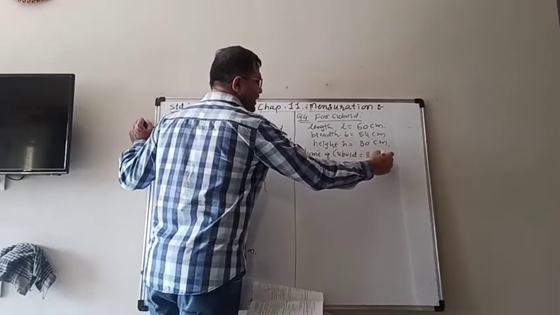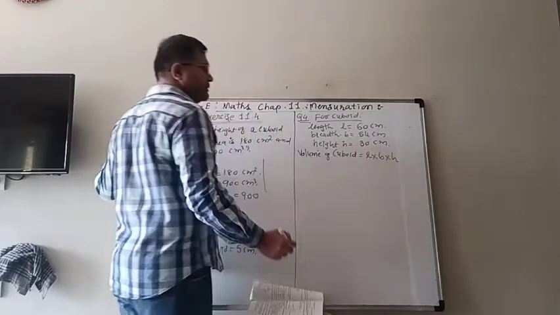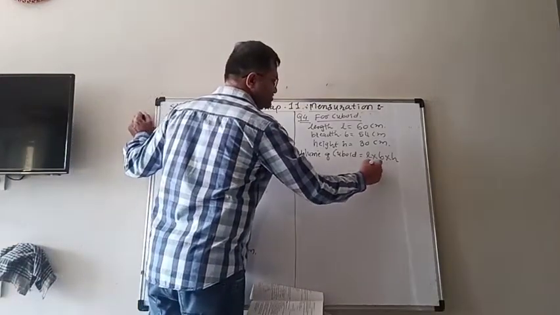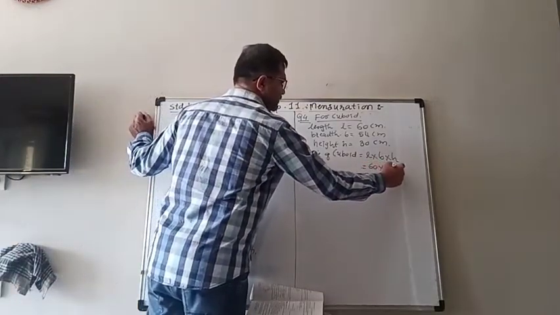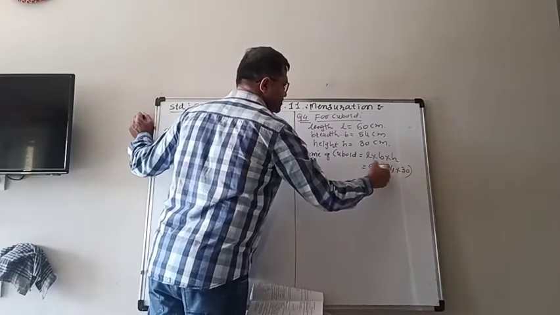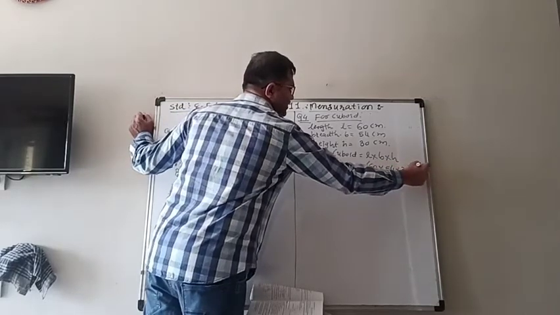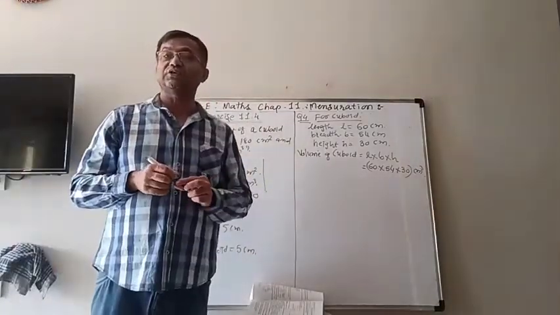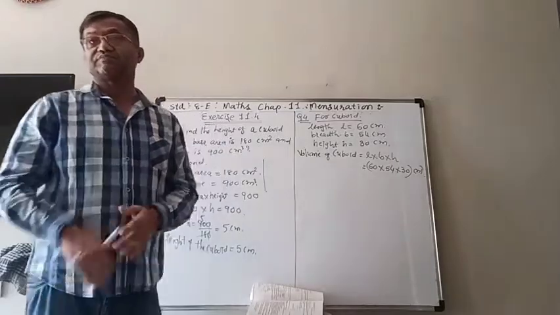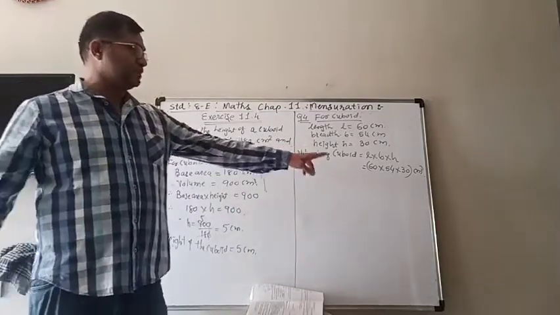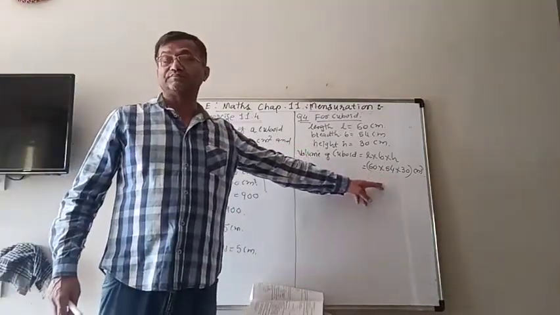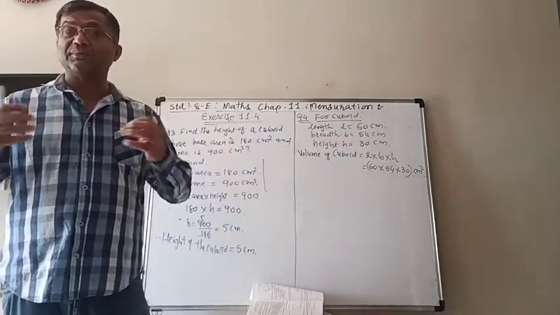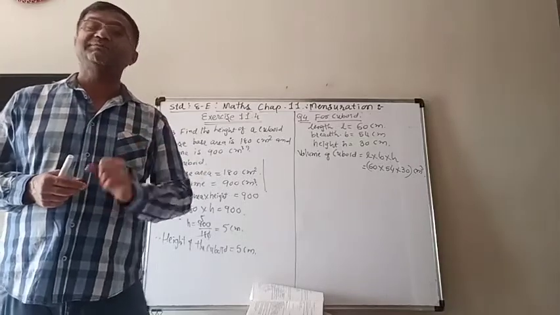We know the formula L multiplied by B multiplied by H. That is 60 multiplied by 54 multiplied by 30 centimeter cube. Here, as I told you when we were doing the examples, in this situation we need not multiply, because we don't need the volume, we need the number of cubes that can be placed in it.